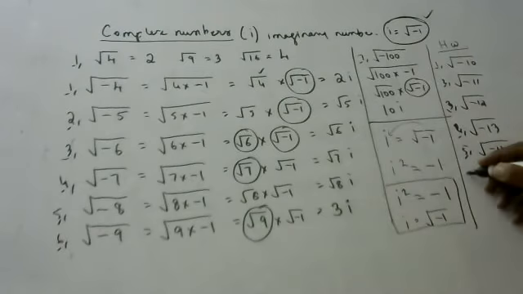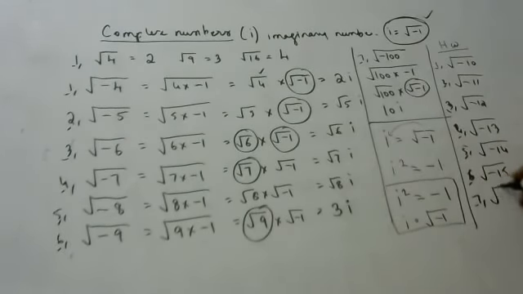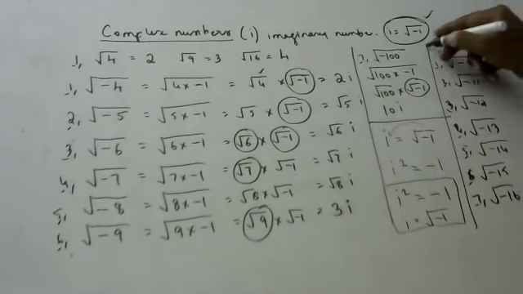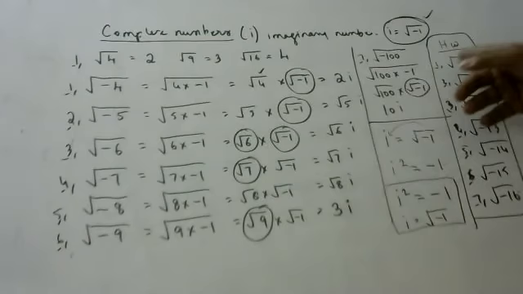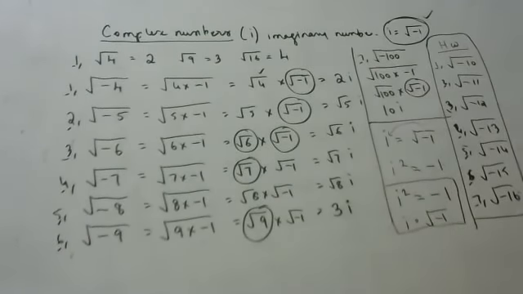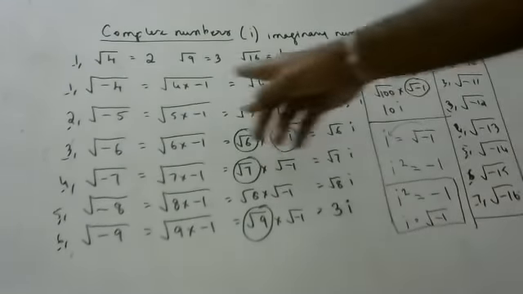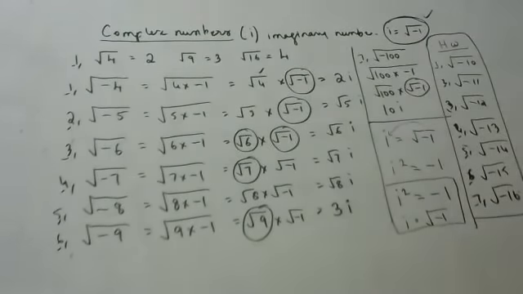Root of -14, root of -15 and root of -16. I want you to do these sums as homework, and in the description of the video also I will keep the same sums, but because in the description I can't put the root sign, you try to understand these are the sums you are going to practice, children. Like this only you practice. In case you are not able to understand, see the video and practice, children.